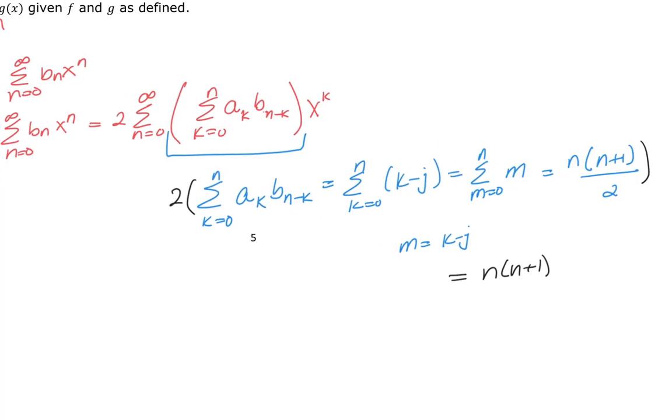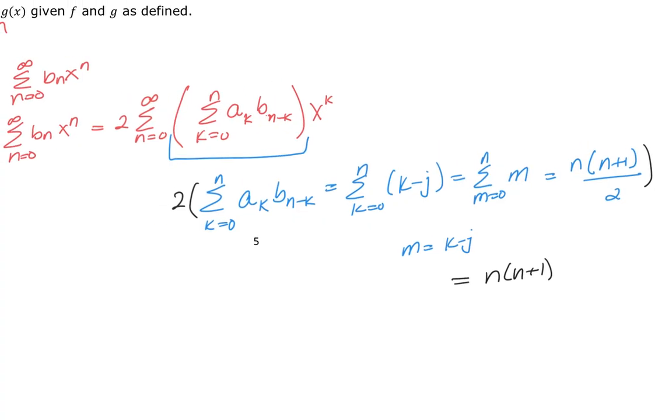All right, so going back to here, this is going to be the summation of n equals 0 to infinity of n multiplied by n plus 1 multiplied by x to the n. And that is my final answer.